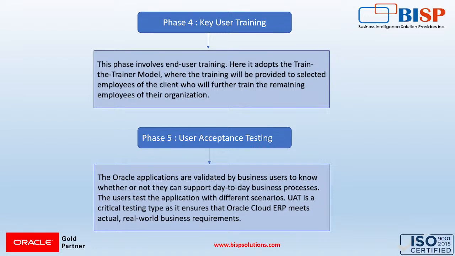Now the fifth phase is UAT, that is user acceptance testing. This Oracle application is validated by the business user, to see whether it can support their business day to day or not. First we have to test the instances in the application with different scenarios.